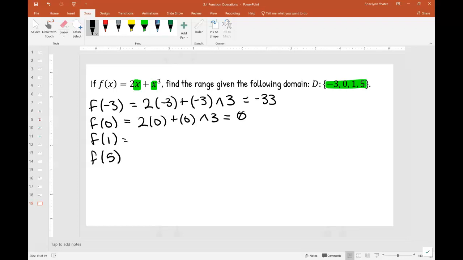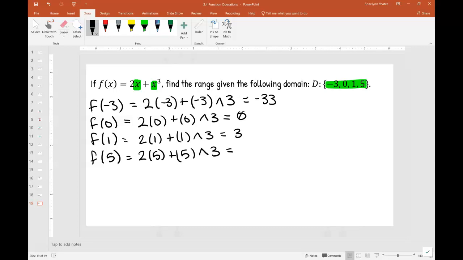All right. So here I do 2 parenthesis 1 close parenthesis plus parenthesis 1 close parenthesis to the third, and I end up getting my y value is 3. And here I'm going to do 2 parenthesis 5 close parenthesis plus parenthesis 5 close parenthesis to the third.